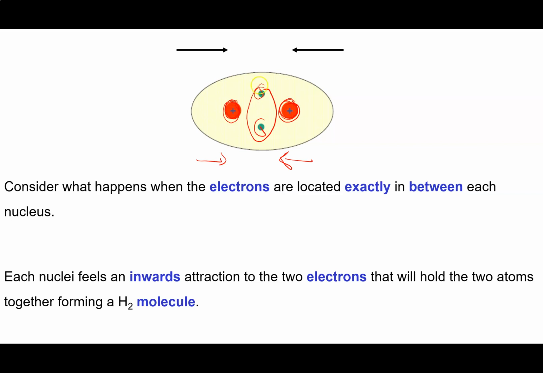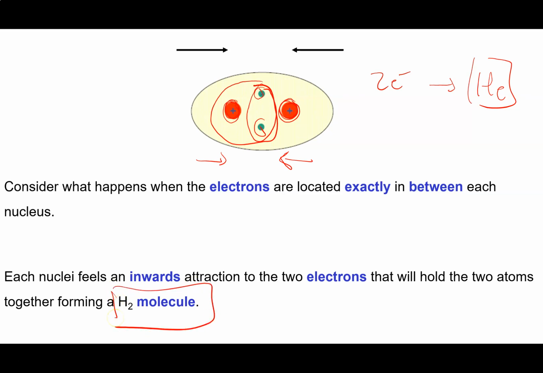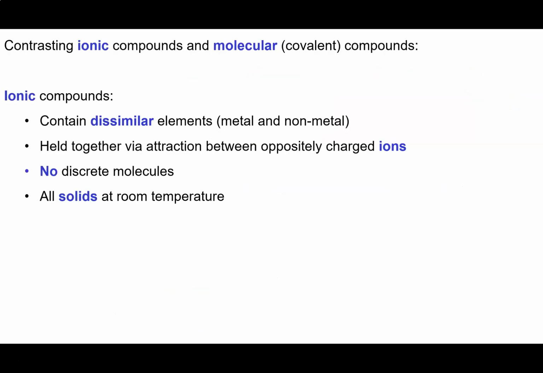And we can also see that each hydrogen atom gets a share of 2 electrons, which is just like helium, which is hydrogen's nearest noble gas. So 2 hydrogen atoms come together, they get stuck to one another and form an H2 molecule, which is consistent with our understanding that hydrogen is one of our diatomic elements.